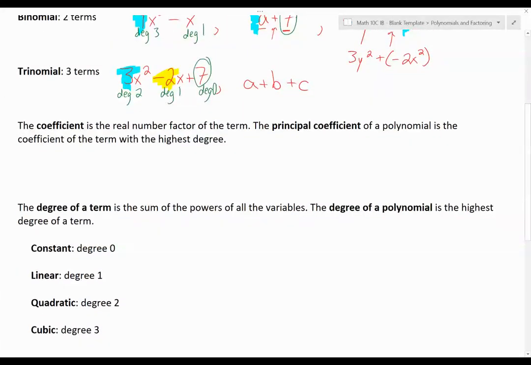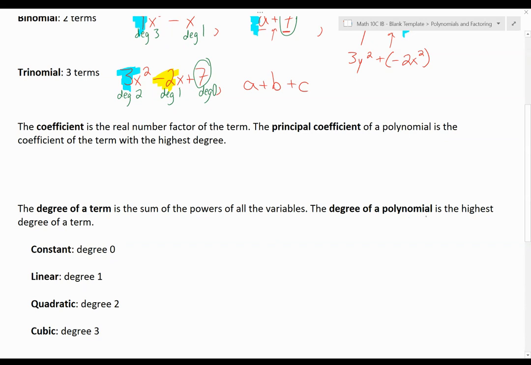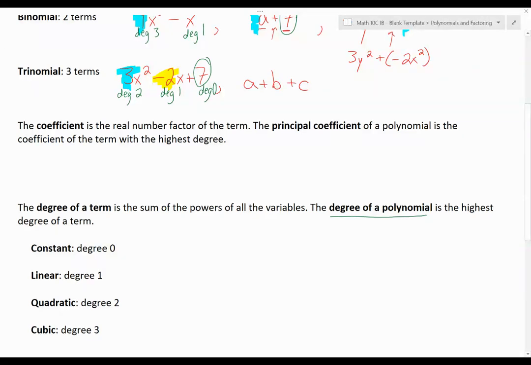The linear terms are the terms with degree 1. The quadratic terms are the terms with degree 2. And the cubic terms have degree 3. Again, there are names for powers of 4 and powers of 5, but we don't need to know them. You can just say that is degree 4, that is degree 7. And then the overall polynomial has the degree of its highest term.